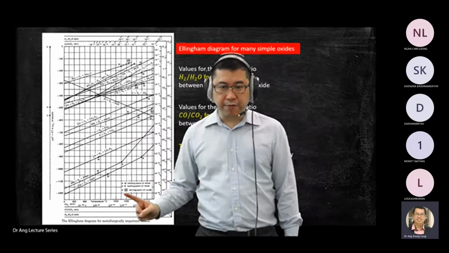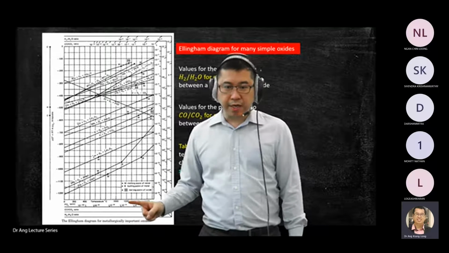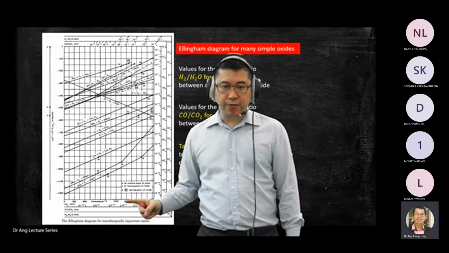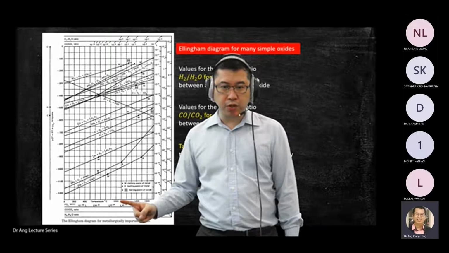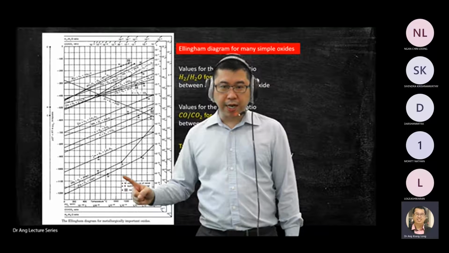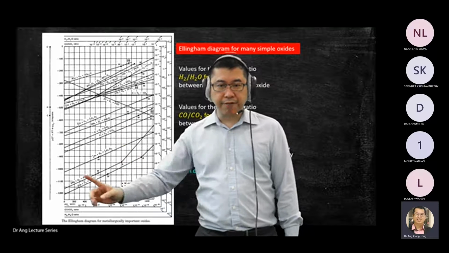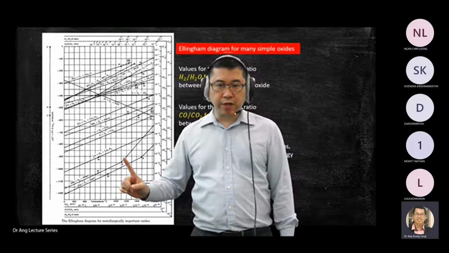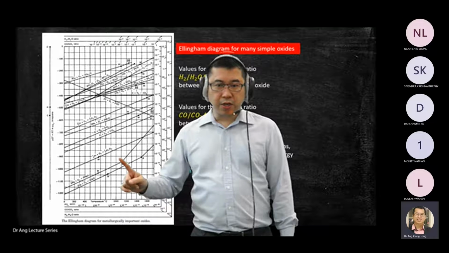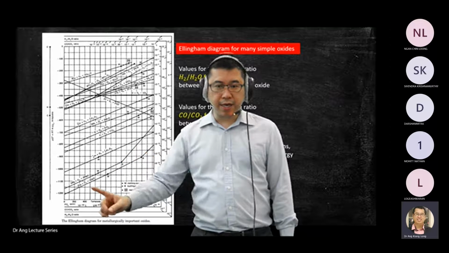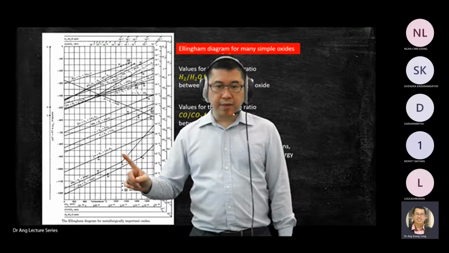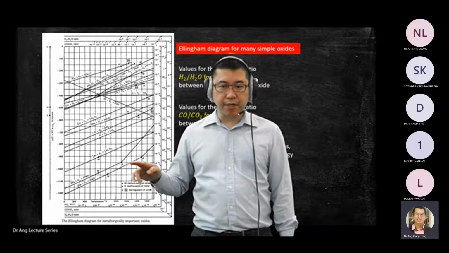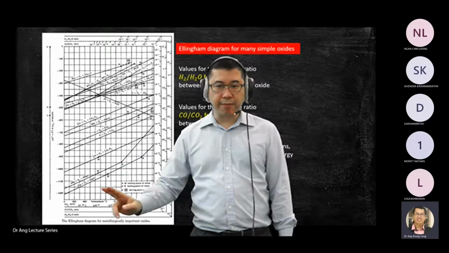For example, you're given some value that you can trace from the axis here. Let's say I give you the oxygen at this value. So what you do, you project or use your pencil to highlight this line. Then I give you some energy change. If the dot is here, and the dot is higher than the line, it means a reaction happens here, because if it falls below, it means you're already stable.